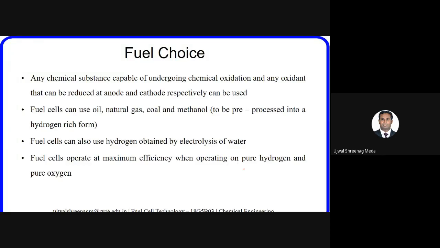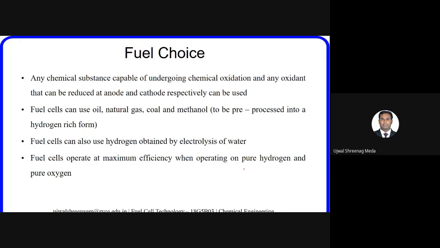That is about what the chemical potential is, how much of that chemical potential can be utilized, and how it depends on the temperature. That is what we discussed so far. Now let's learn a little more about the fuel. So far, whatever we have heard is only hydrogen. That means hydrogen is the essential fuel for a fuel cell.